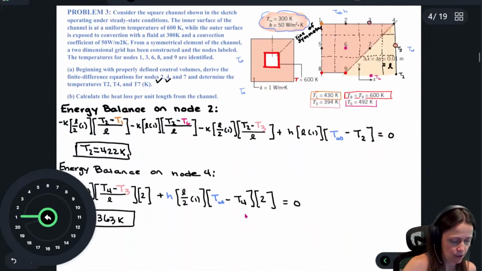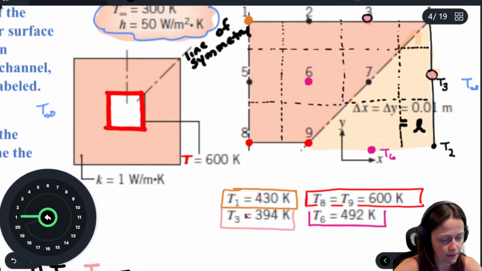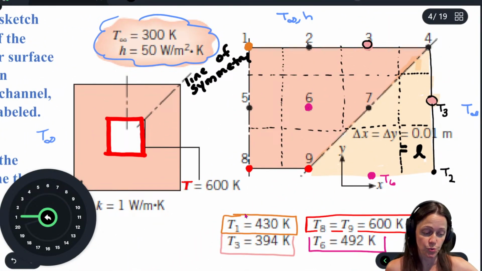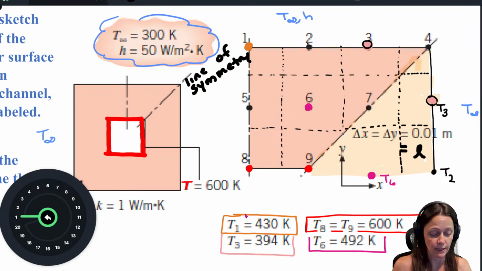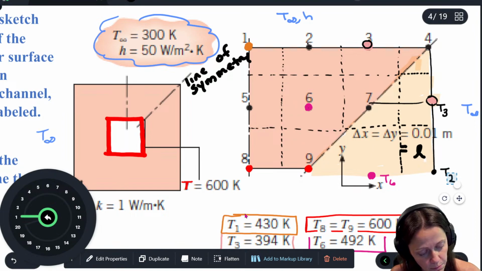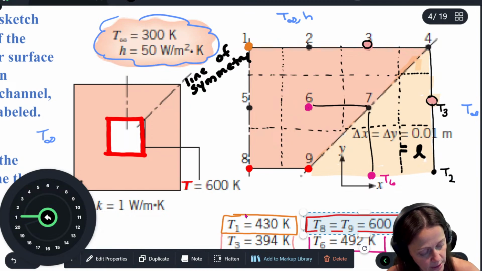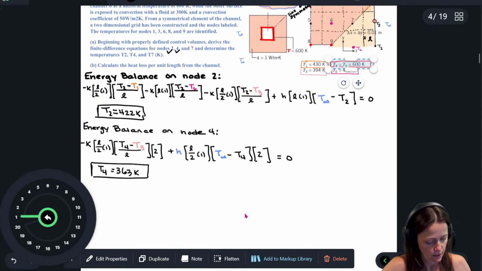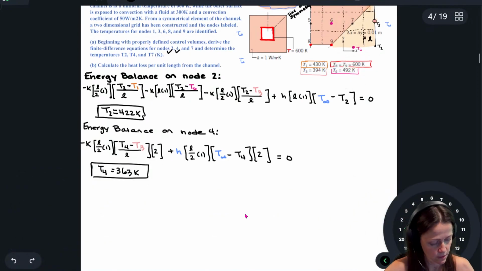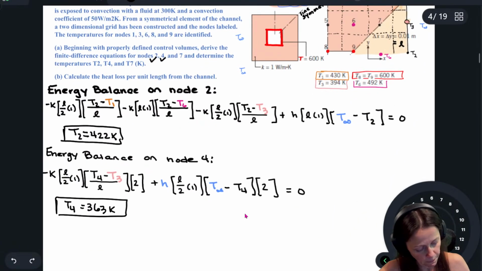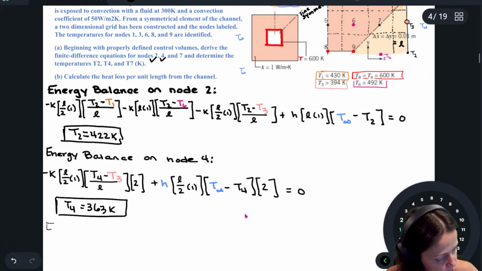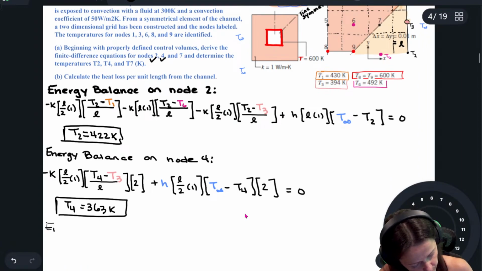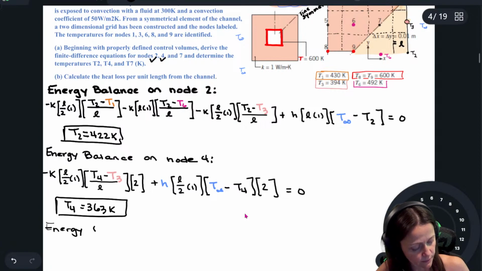So let's go back over here. We're looking at node 7. And of the surrounding nodes, I've got 2 of them at temperature T3 and 2 of them at temperature T6. So let's add those up.